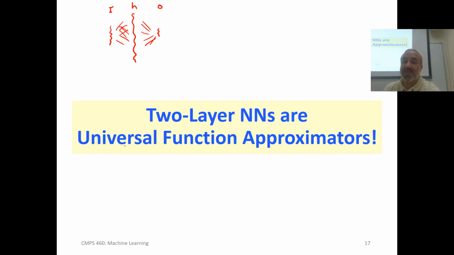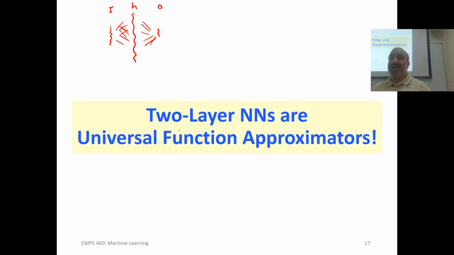Then what do we mean by universal function approximators? It means that a two-layer neural network can approximate any function, any real function, which is really great. Because that means that we can learn any function, whether it's complex or simple.